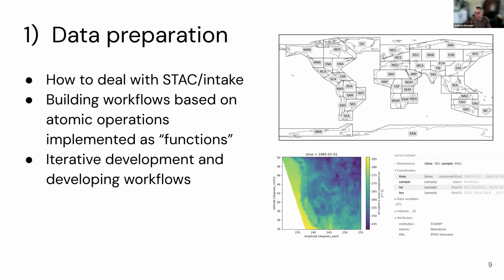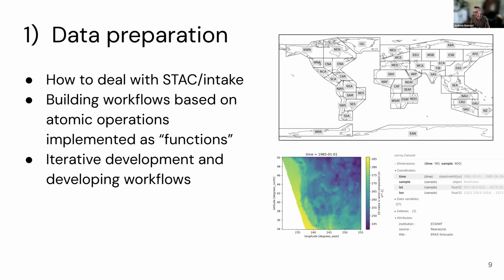So everything is in Azure Cloud Storage. And then building workflows on atomic operations that you implement as little functions. You start out with a dataset that's global, and because this is a tutorial, we just subset out this Western North America region, although you can run it on any of these little named regions in the upper right. So what's the base case for getting just a region out of this?